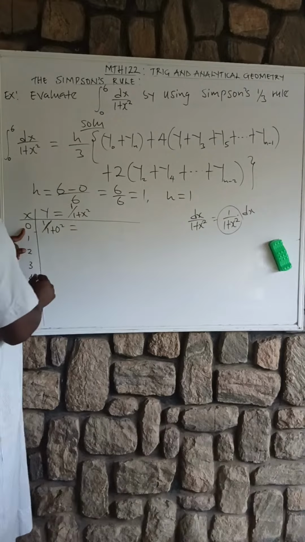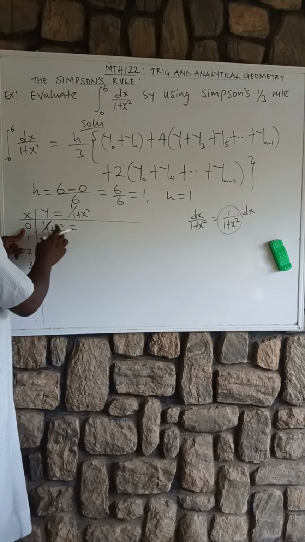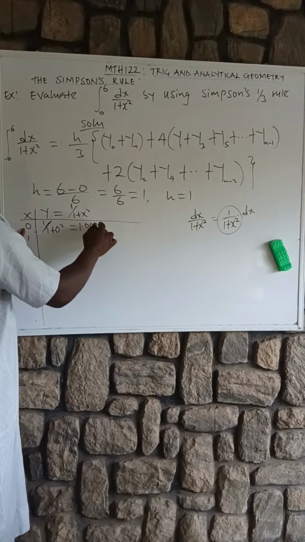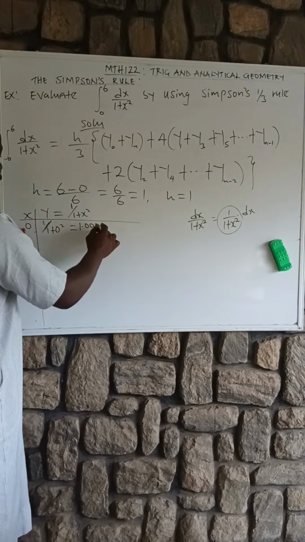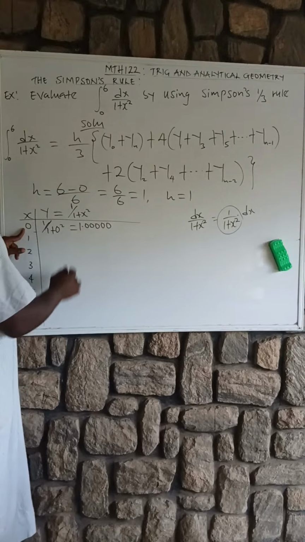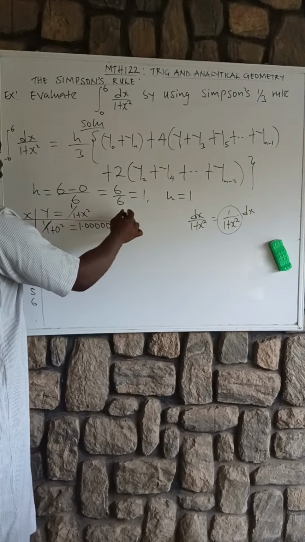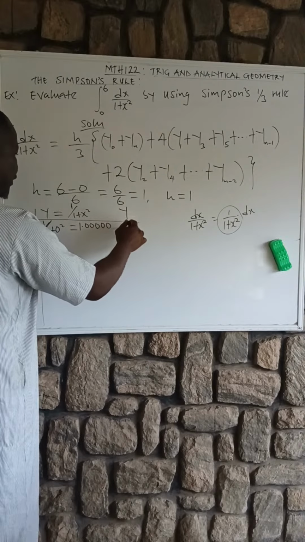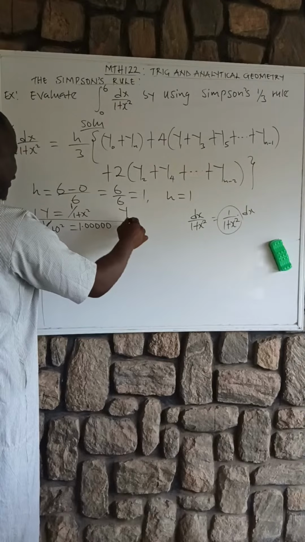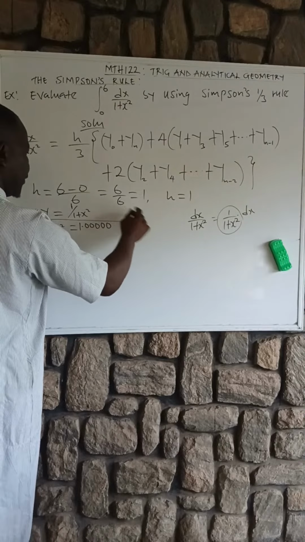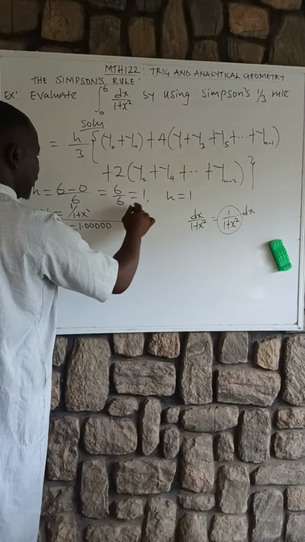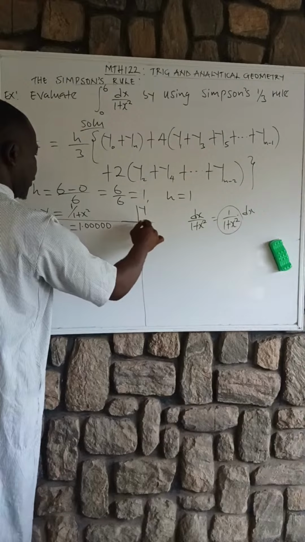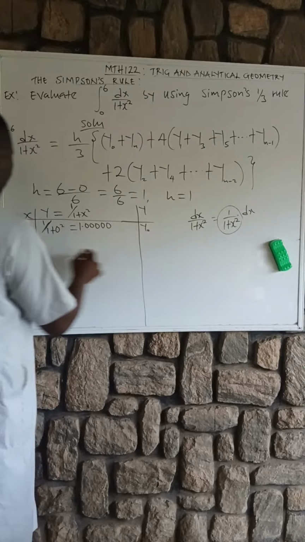Now this is going to give us what? 1 plus 0 is 1, so 1.0000. This is our y naught.